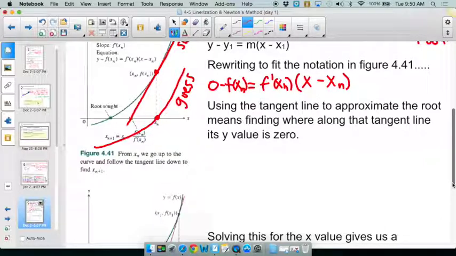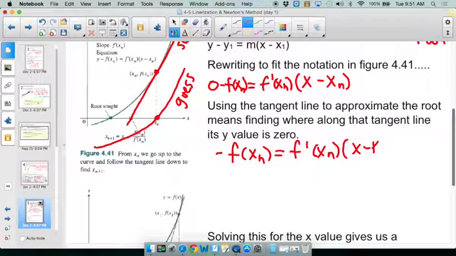Okay? So if I solve this for x, what does that look like? This is where looking at the notation kind of makes it tougher than I think if the notation weren't so clunky. So we have a function, and we have our derivative, and we have our value.